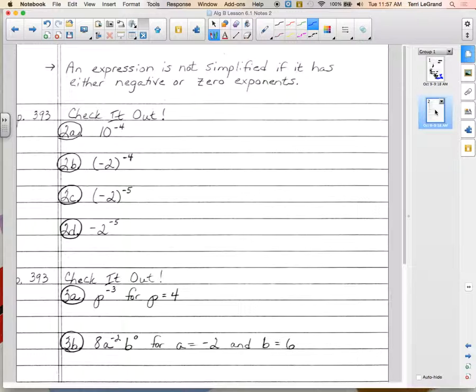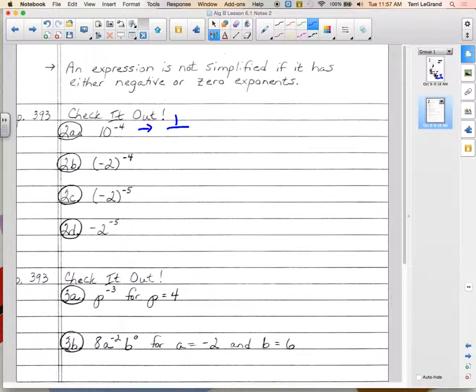So 10 to the -4. What do you think we're going to do without our calculators? On the front side, what did it say we're going to do when we're taking x to a negative n power? How are we going to write it? Cameron? As a fraction. Okay. Yeah, so we're going to put a 1 upstairs. And our x this time is 10, right?